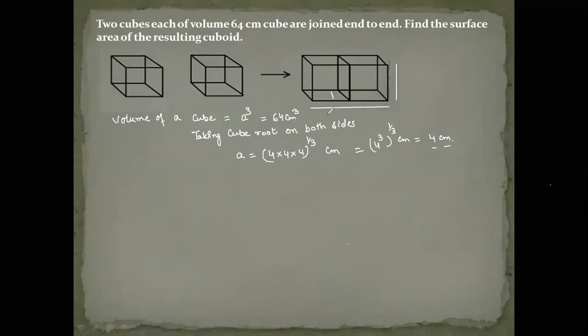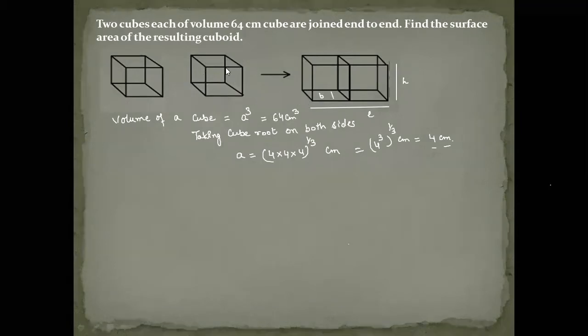Now the cubes are joined, so if this one is 4 centimeter and this one is also 4 centimeter, then 4 plus 4 becomes 8 centimeter. And because this is a cube, the height will be 4 and the breadth, or width, is also 4 centimeter.